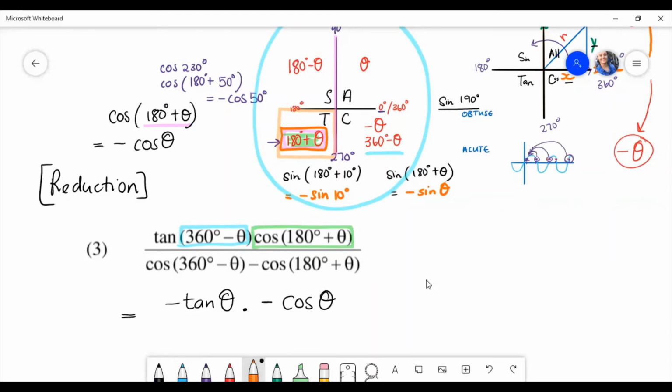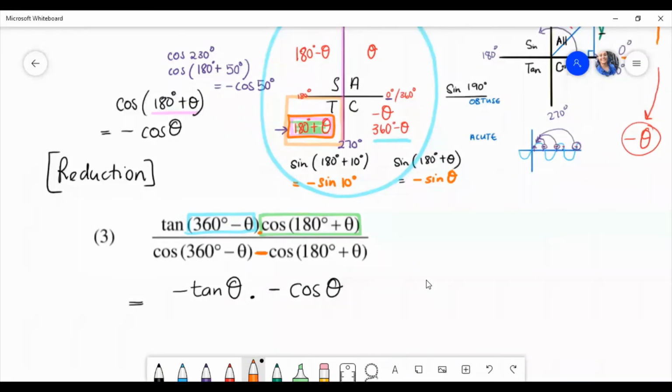Being mindful that I have a multiplication there and that I have a separation of terms here in the denominator. Now I look at my denominator very closely and I see cos of 360 minus, and I'm back at the fourth quadrant, and cos is in fact positive there. I reduce it straight to cos theta.